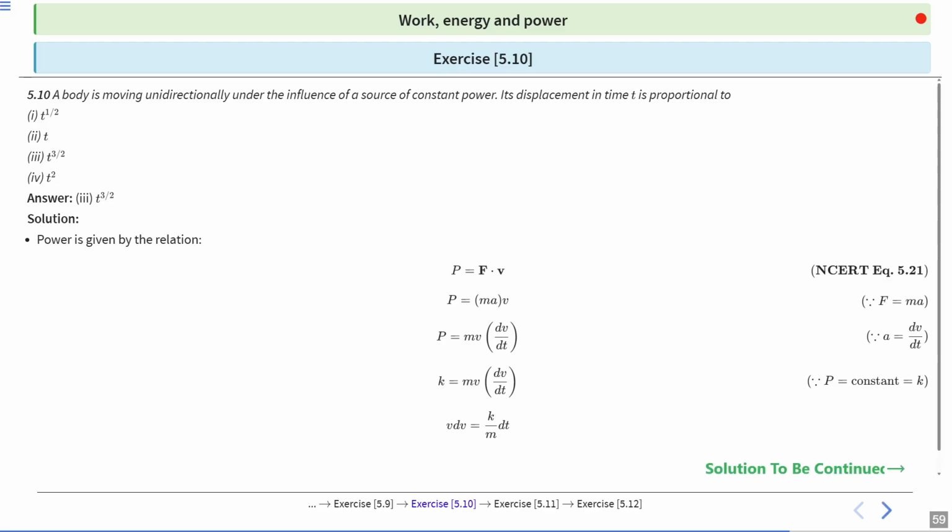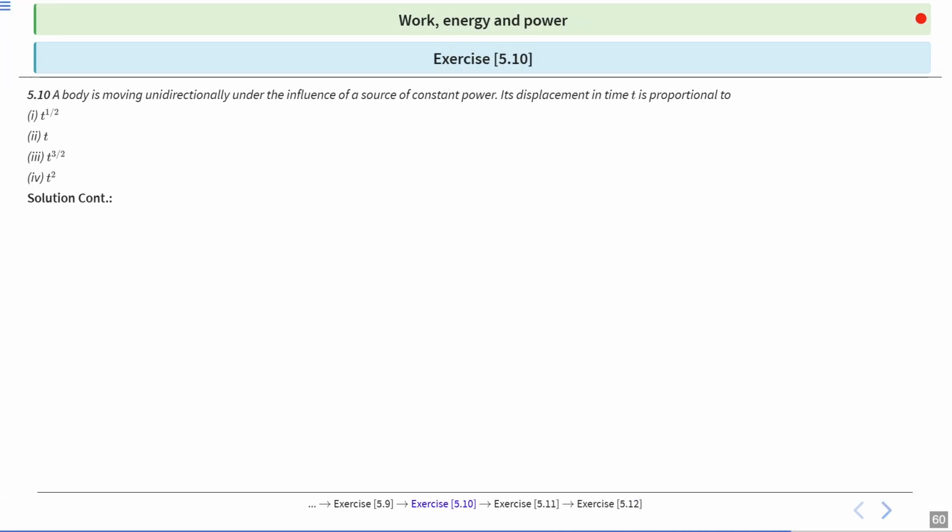Solving this further, after integration on both sides, integration 0 to v of v dv is equal to integration 0 to t of k by m dt. So it will be integration 0 to v of v dv is equal to k by m integration 0 to t of dt. After integration, it will be v square by 2, limit 0 to v, equal to k by m into t, limit 0 to t.